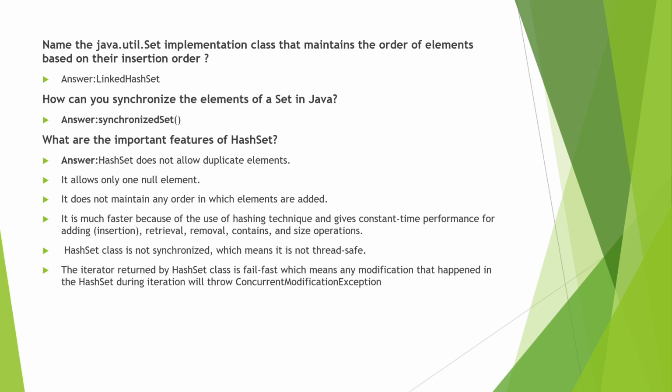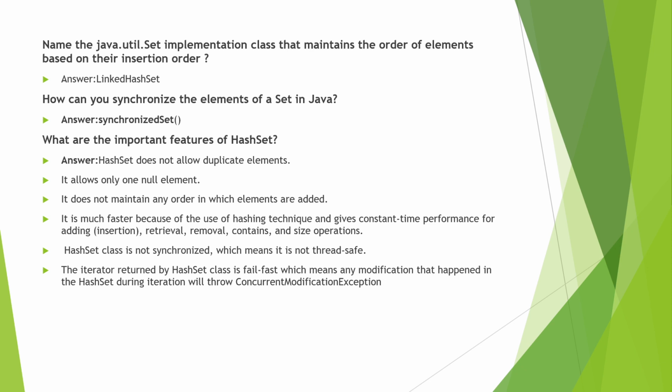Then again, the important features of HashSet: it will allow one null element. That is the same feature as sets have, and it comes to HashSet. But one thing I can mention here is that HashSet is fail fast.